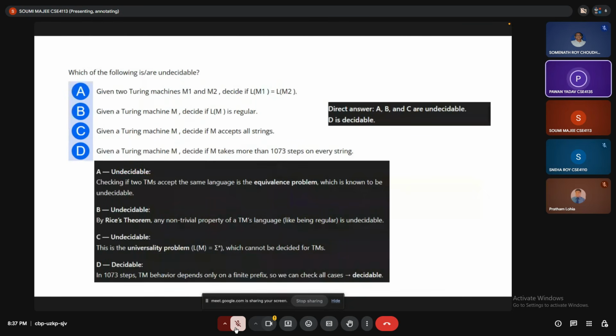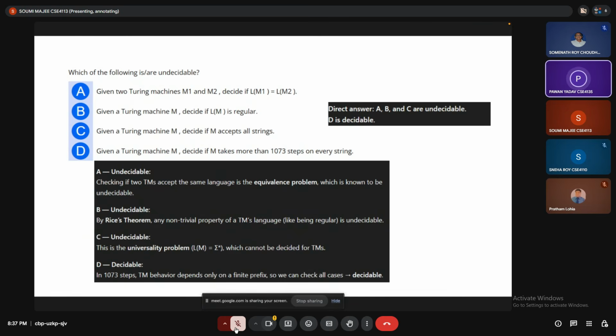Another MCQ: which of these are undecidable? Going through the options, A is undecidable, as checking whether two TMs accept the same language is the equivalence problem, which is known to be undecidable. B is also undecidable due to Rice's theorem.